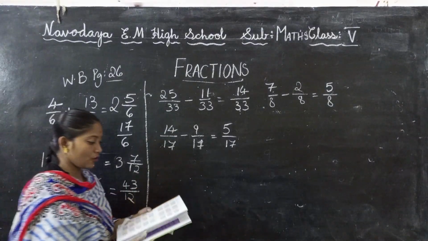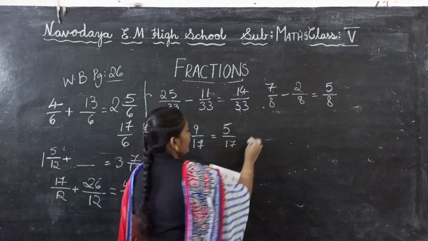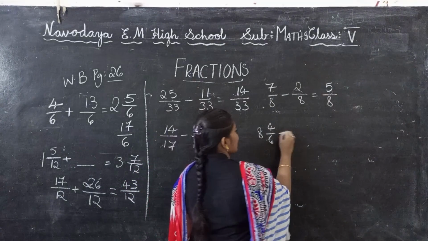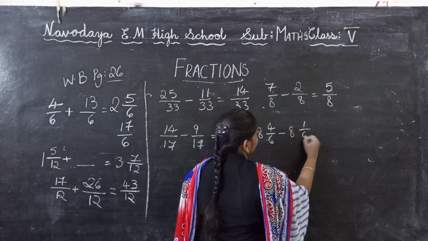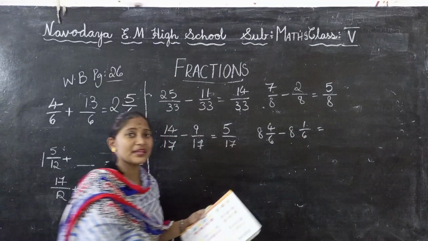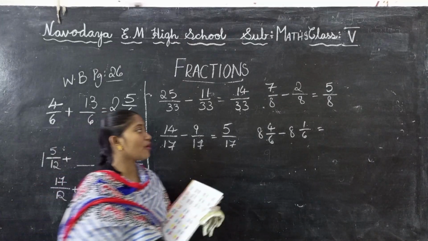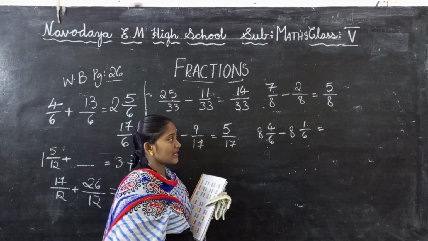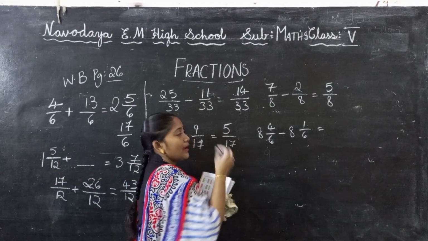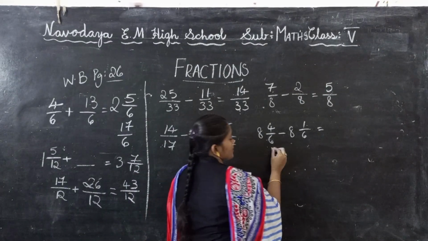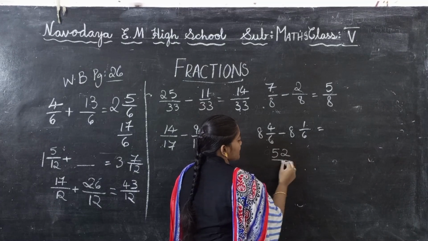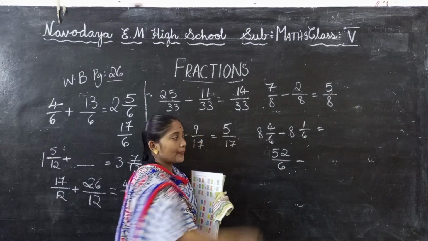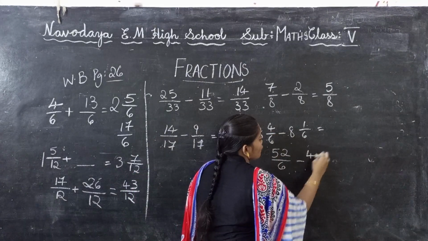Next, 8 4 by 6 minus 8 1 by 6. These are mixed fractions. 8 6s are 48 plus 4, it's 52 upon 6, minus 8 6s are 48 plus 1, 49.